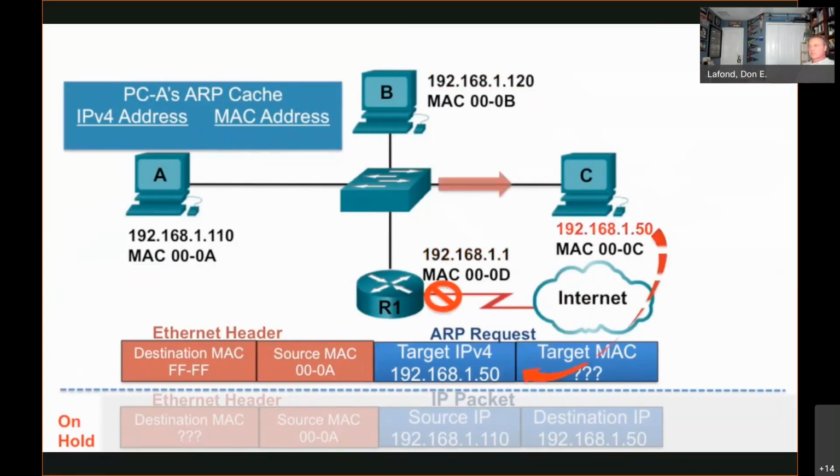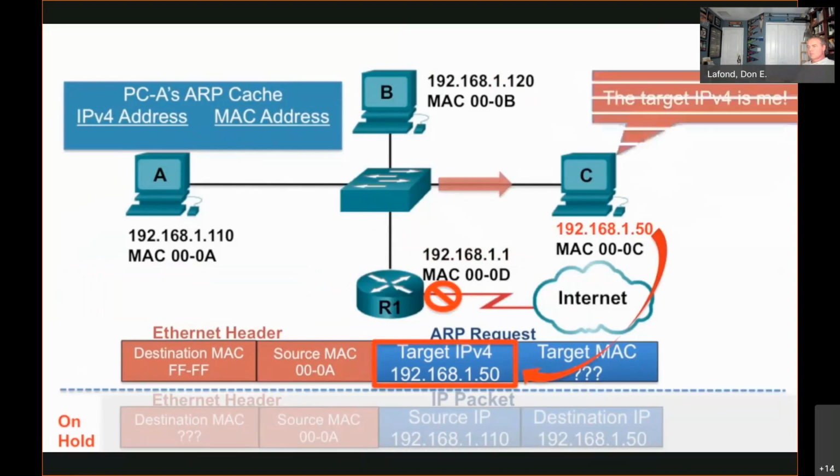PC-C receives the ARP request, compares its IPv4 address against the target IPv4 address, and notices that it is the intended target of the ARP request, that the target IPv4 address does match its own IPv4 address. So PC-C will need to send an ARP reply.